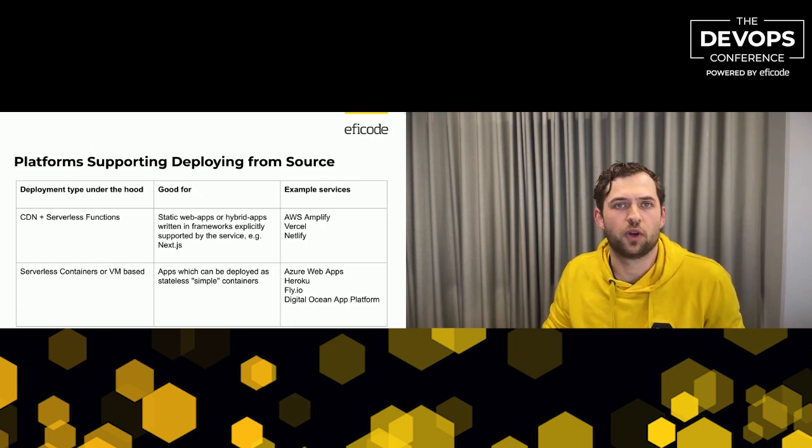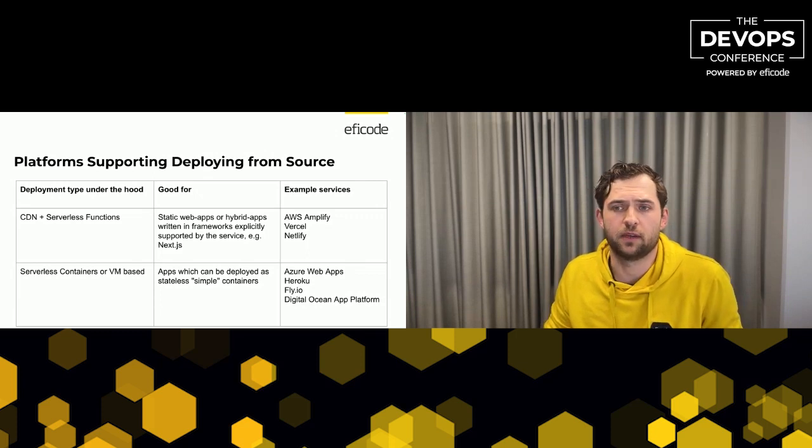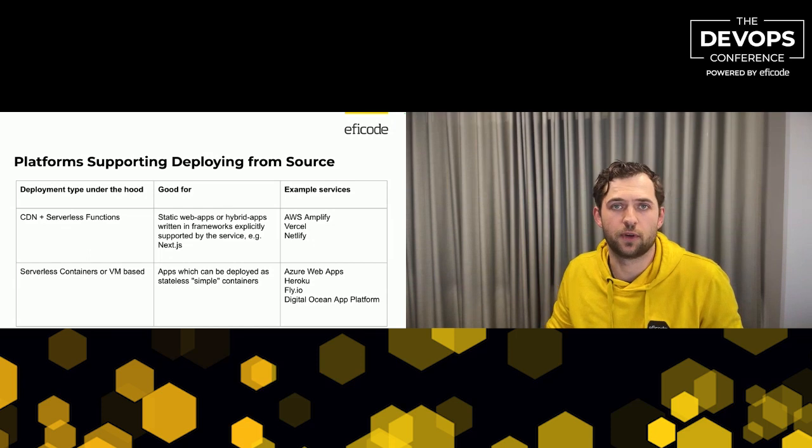It's a product by Vercel. It's completely open source, and Vercel is also very good at hosting this service. Besides that, we'll be looking at AWS Amplify and Netlify, who have a very similar service offering where they can deploy these static apps and apps with serverless functions onto their infrastructure.